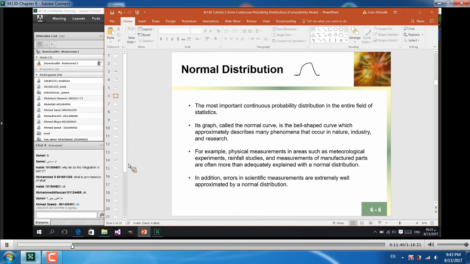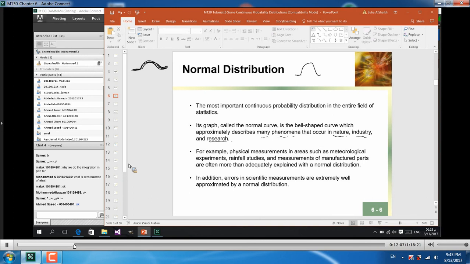It is symmetric, and it describes many phenomena that we have in nature, industry, and research. Many things in nature, many things in life, many experiments that we do follow what we call a normal distribution. For example, if I'm talking about the grades of the students in the exam, the grades must follow the normal distribution to say that the exam is fair. What does it mean?